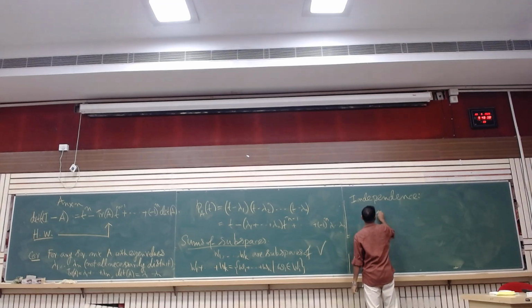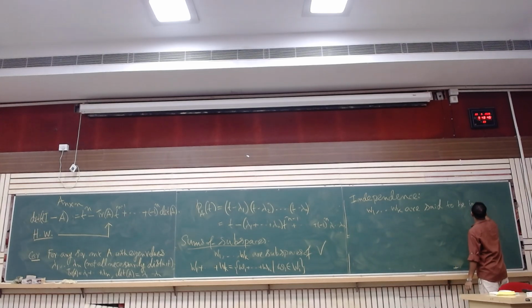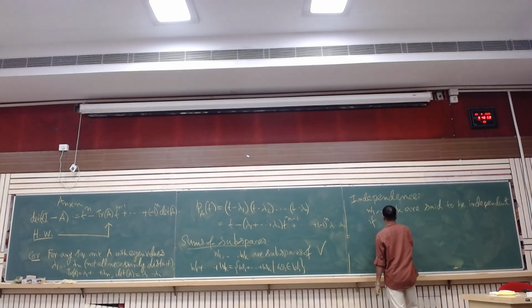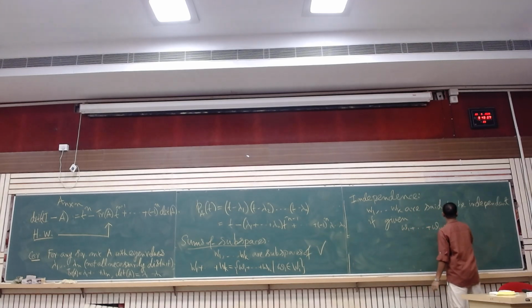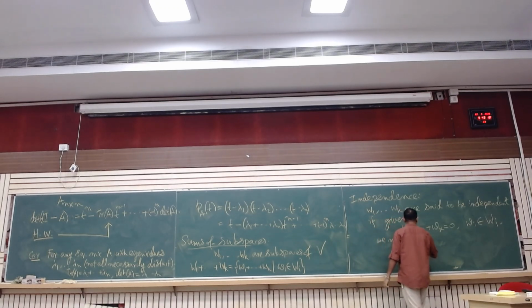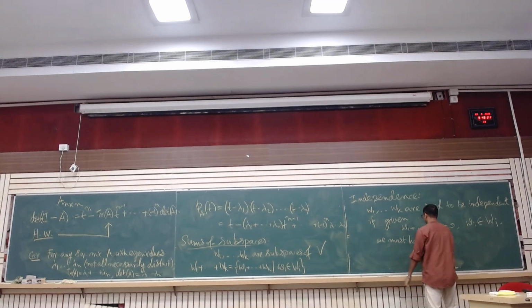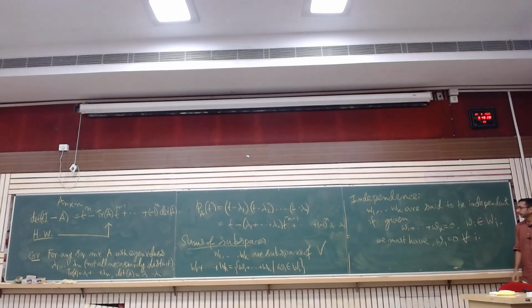So W1 dot dot dot Wk are said to be independent if given small w1 plus dot dot dot plus small wk equal to 0, where wi is an element of Wi, we must have each of these things w1 to wk be equal to 0 for all i. Okay. All right.